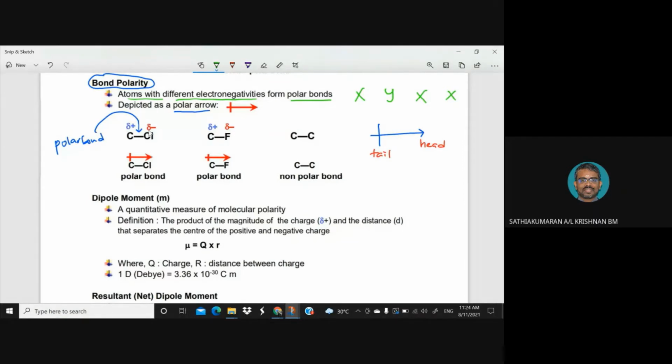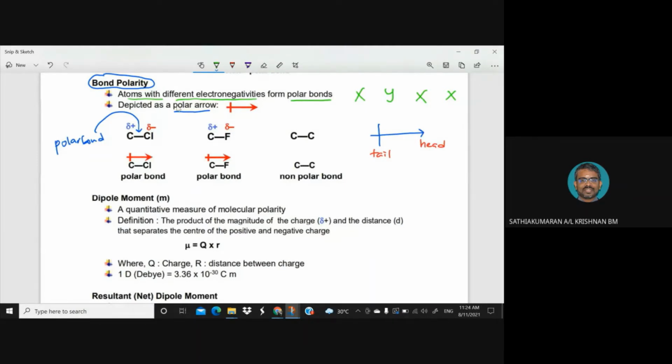That's why we label it dipole negative. Why is carbon dipole positive? Because carbon is less electronegative, its tendency to attract electrons is less, so the area around carbon has fewer electrons.